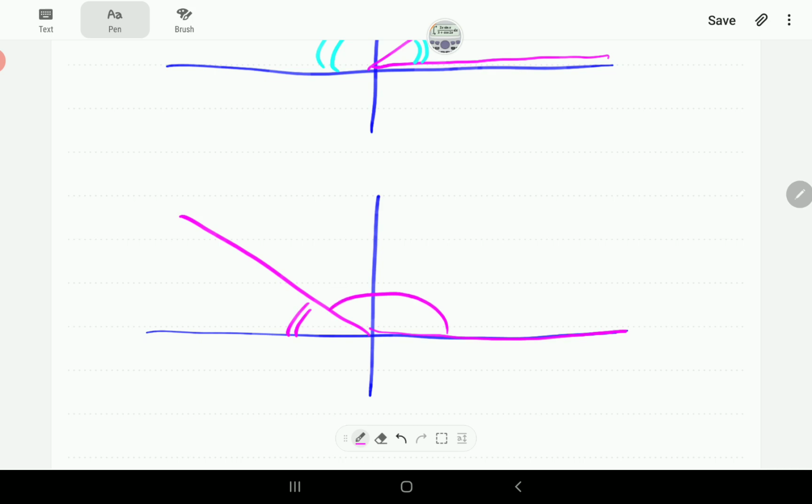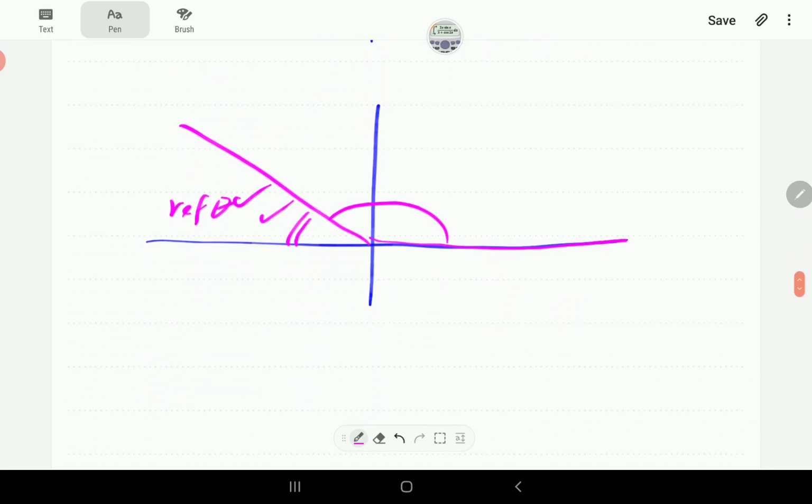Which one is smaller? It's this one. So the reference angle is always going to be an acute angle. If this is our terminal side for theta, then ref theta is going to be this angle here.